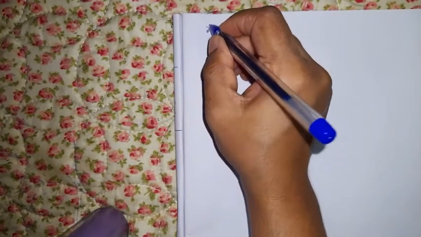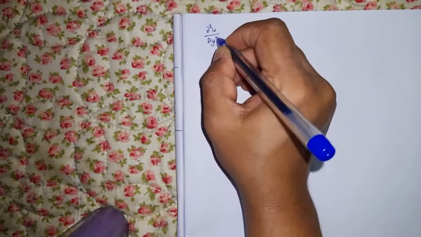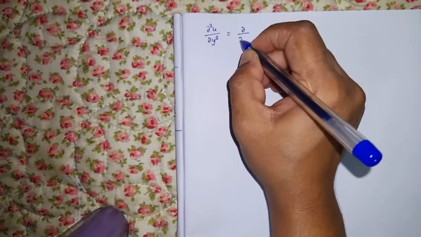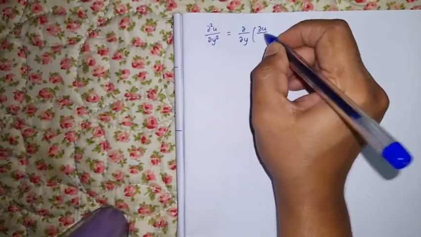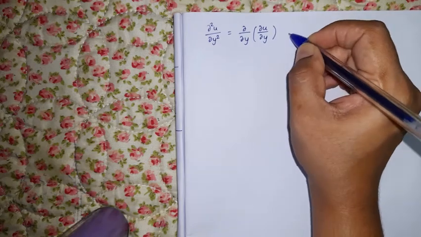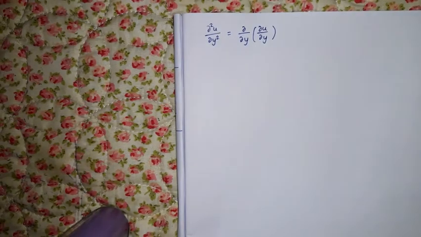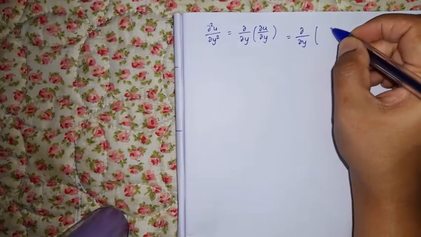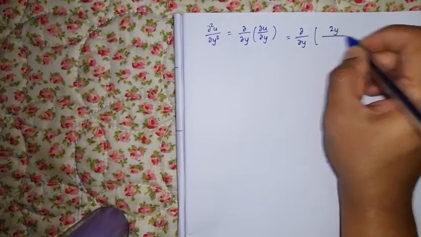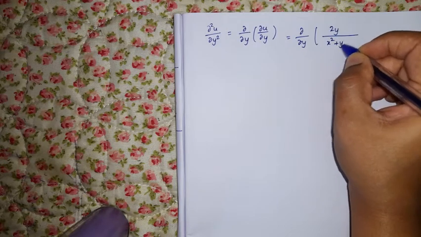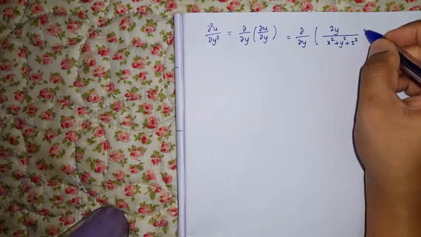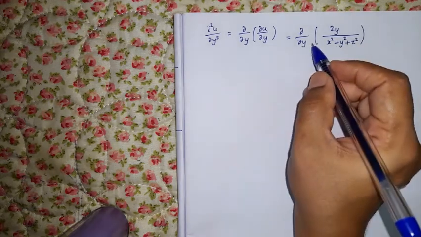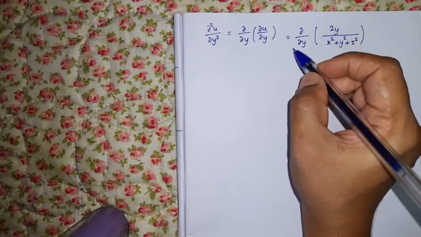Now we need ∂²u/∂y², which is nothing but ∂/∂y of ∂u/∂y. Instead of ∂u/∂y, we got 2y divided by (x² + y² + z²). Now we have to differentiate this term with respect to y.